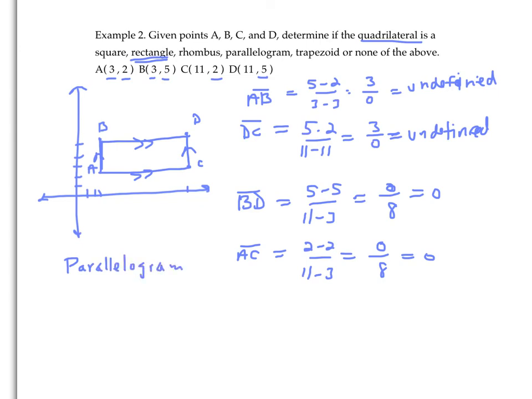But we've also shown that this is a rectangle. So more specific than parallelogram, we can call it a rectangle. And that's because any horizontal line is going to be perpendicular to a vertical line. So indeed, this parallelogram has 4 right angles, so it is a rectangle. All right, good luck on your homework.